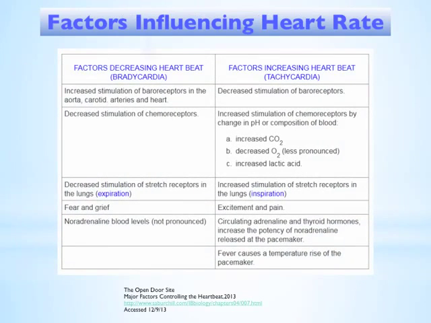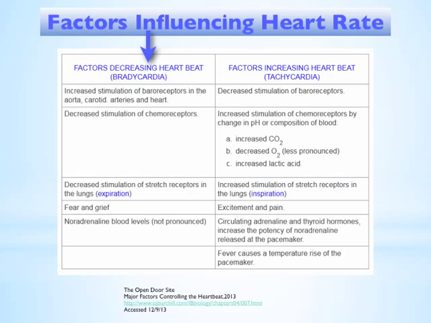Now this diagram shows another view or another aspect. It refers on this left column to bradycardia, which is lowered heart rate, which is affected by the amount of stimulus of baroreceptors in the aorta, carotid arteries and the heart. Now baroreceptors respond to blood pressure and are very sensitive to it.